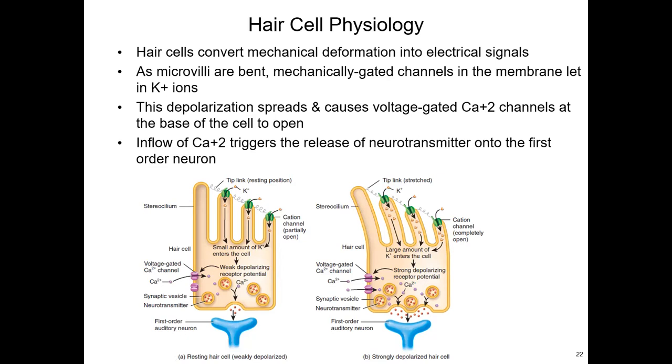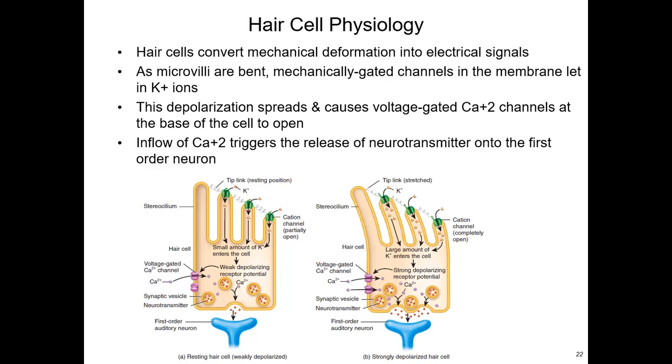Underneath the hair cells, there is the beginning of cranial nerve 8 neurons. And when neurotransmitters are released, this blue neuron will now fire a nerve impulse. So this is how nerve impulses are created for the special sense of hearing.